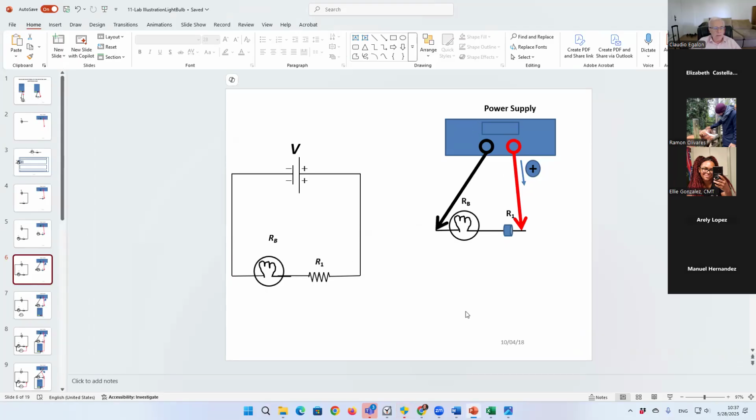Very similar to the other circuit. The only difference is that we replace the resistor 2 with the light bulb. Okay. Here's the filament, right? Here's one of the leads of the filament. Connect to the filament. Another lead connect to the filament.